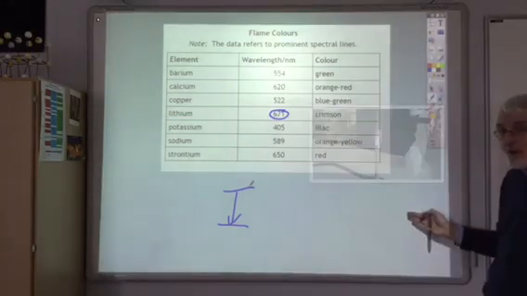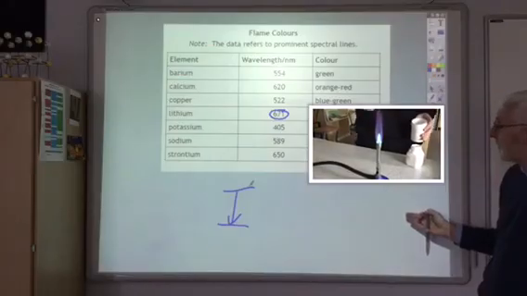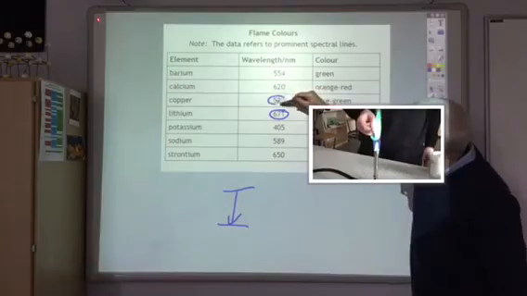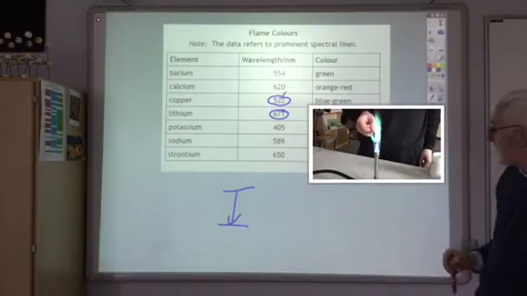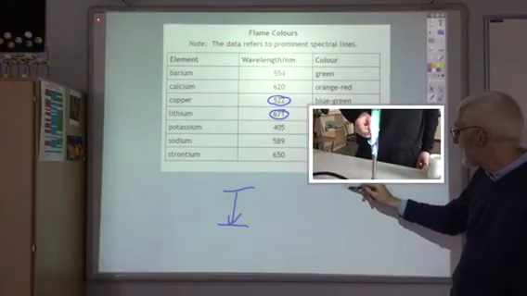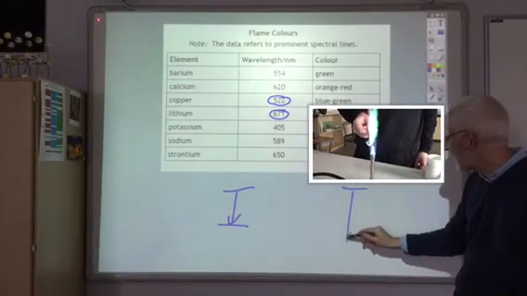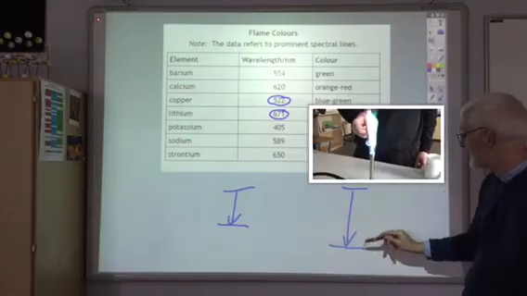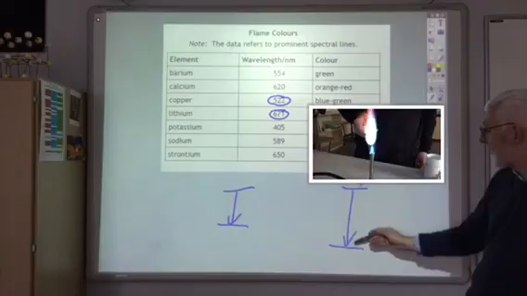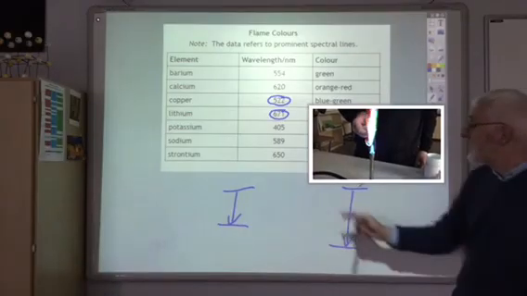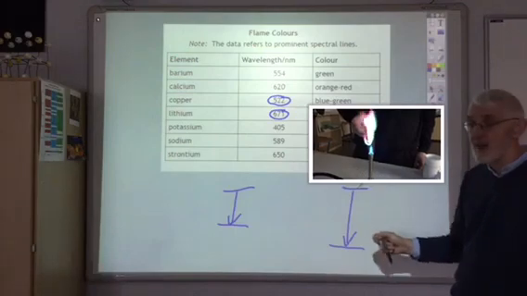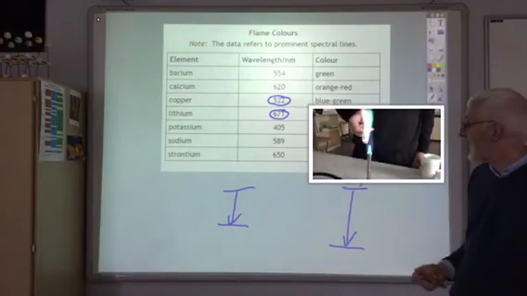Whereas if it was copper that we did a flame test with, we get light of a wavelength of 522 nanometers. A shorter wavelength, which means that the energy is greater. The electron is dropping a further distance in the copper than it was in the lithium, and so we get a shorter wavelength because it's higher energy radiation.